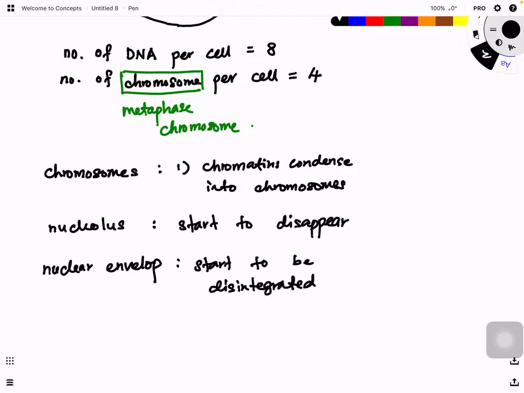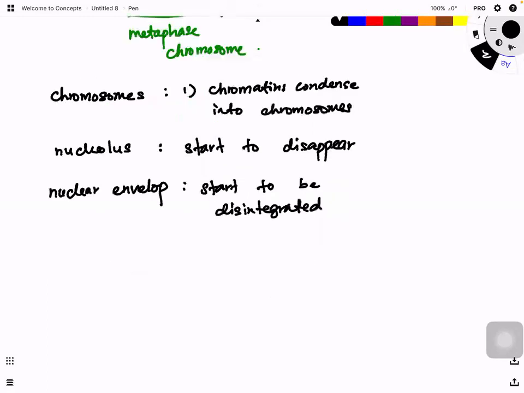It's not disappeared, it's just that the entire nuclear envelope now becomes small vesicles. Are you clear? So we use the word start to disintegrate. How about centrosome in animal cells, or centriole? The centriole now first moves to the opposite pole.